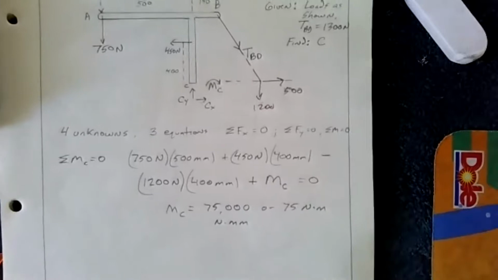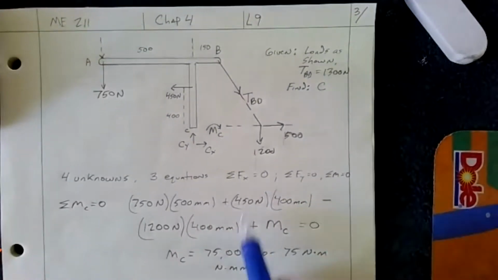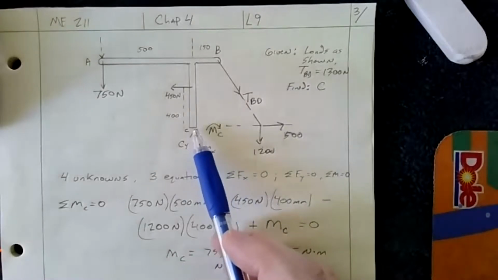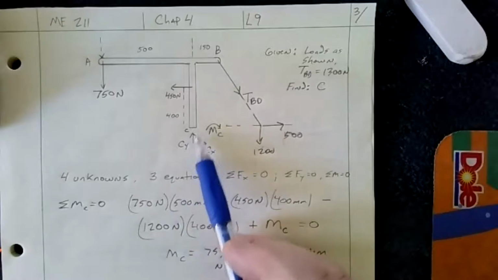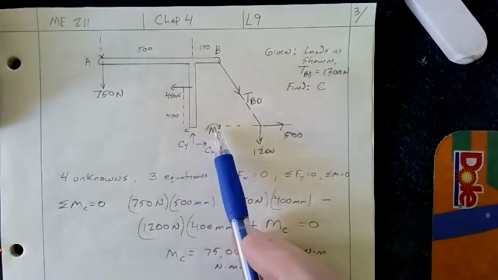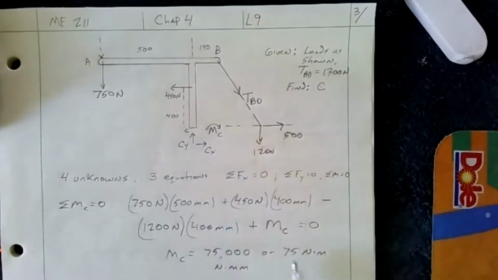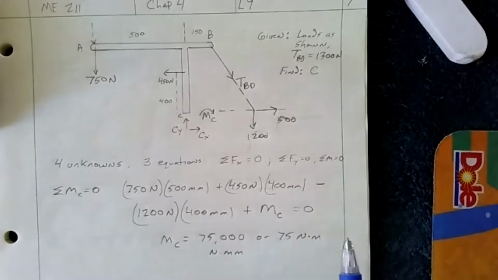All right. So that means that if this were on a pin, it would fall right over. Without this being embedded in the ground, it is pushing back on this pole with a magnitude of 75 Newton meters to hold it where it needs to be.